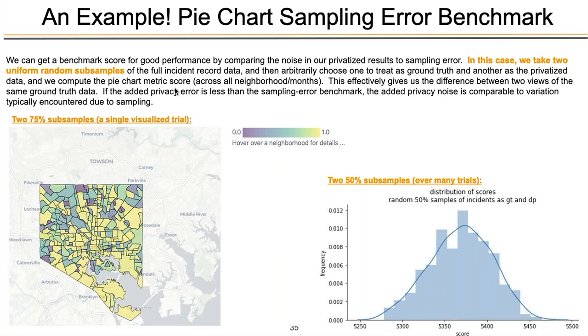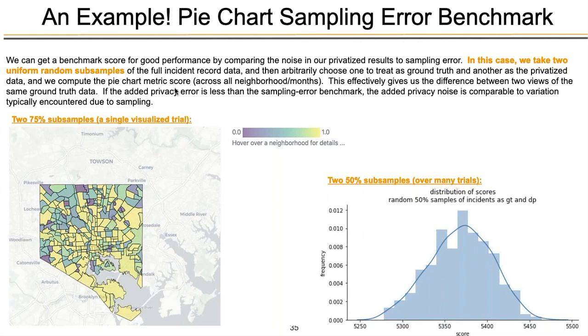So this is important: if you have only a small amount of sampling error, and 75% subsamples is not an unreasonable amount of sampling error, even just with that, you're getting a very low score out of your metric on some sections of the data.